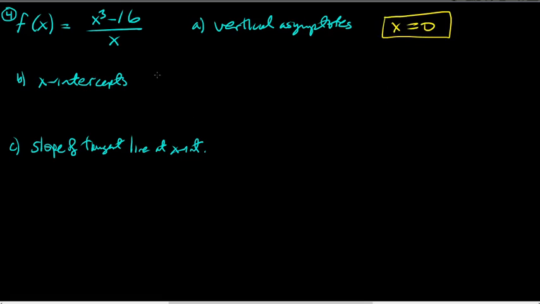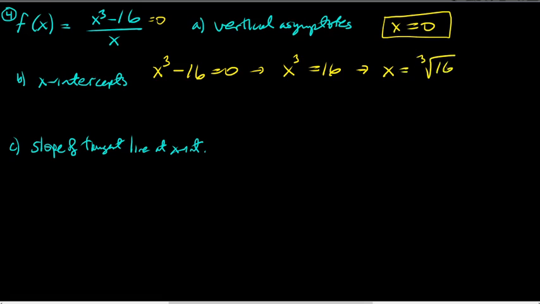And then for part B, the x-intercept, that's where the numerator is 0. So part A, you set the denominator to 0, and part B, you set the numerator equal to 0. Even though this is a cubic equation, it's pretty simple. You just add the 16 to both sides and then take the cube root. So x is going to be the cube root of 16, or 2 cube root of 2. I wasn't picky about that.